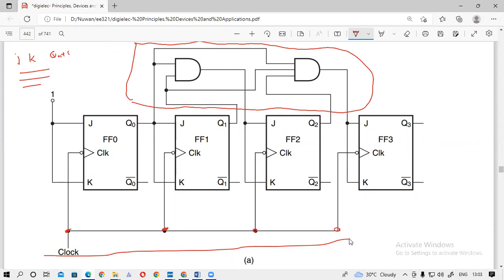You have some values, and you have to consider the input, output, and the clock edge. Then you can find the output here. It is the same as we have done. If you get the basic understanding, you can use it to analyze any other circuit. So please try to do this by yourself.